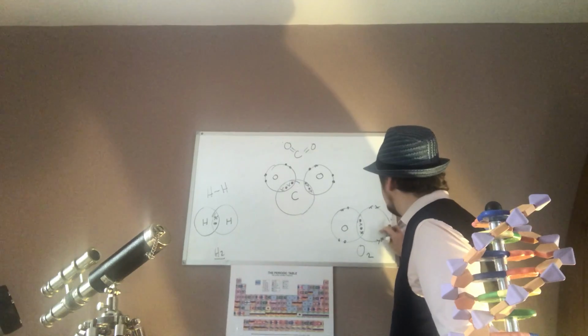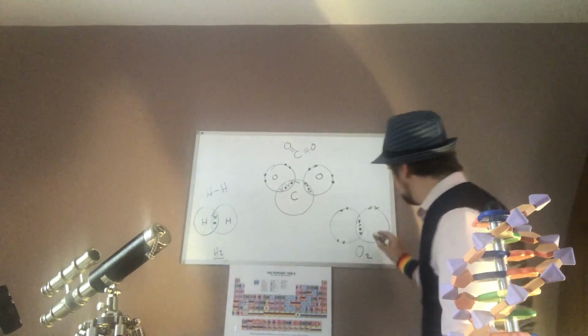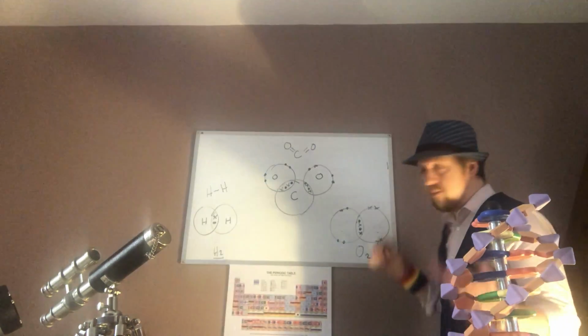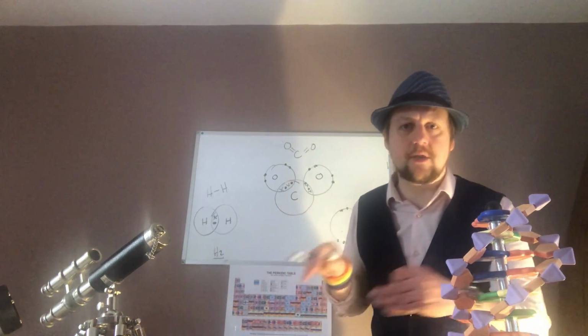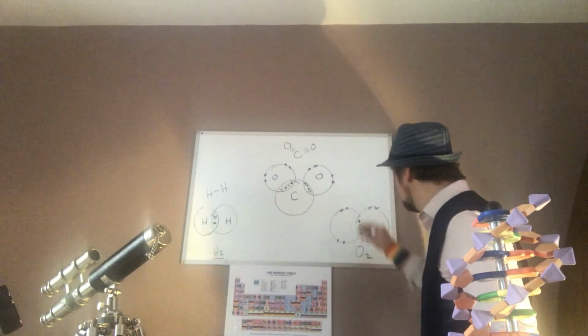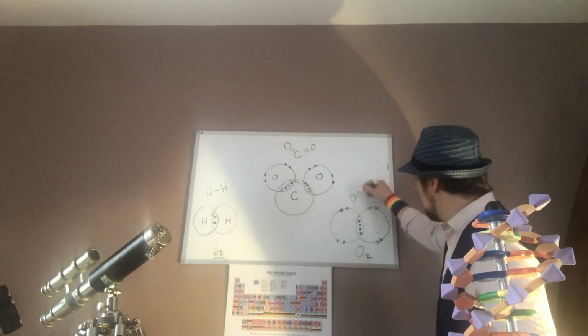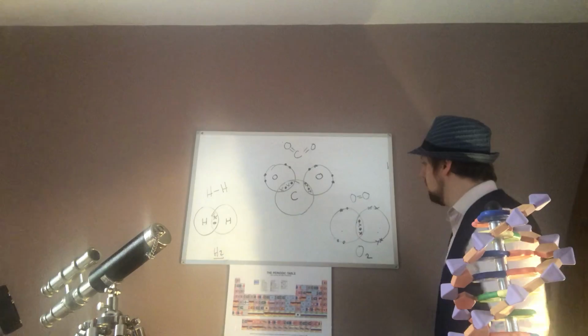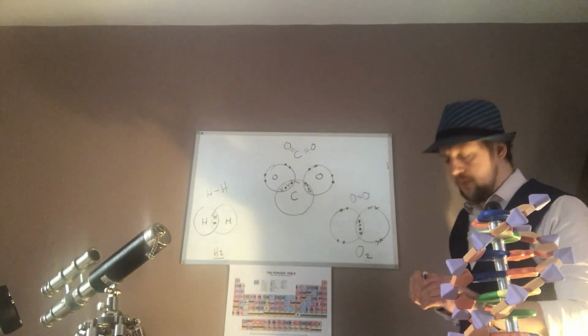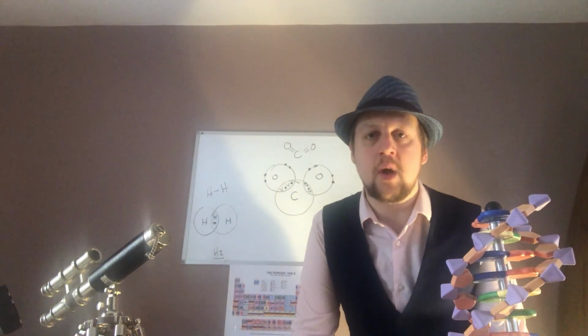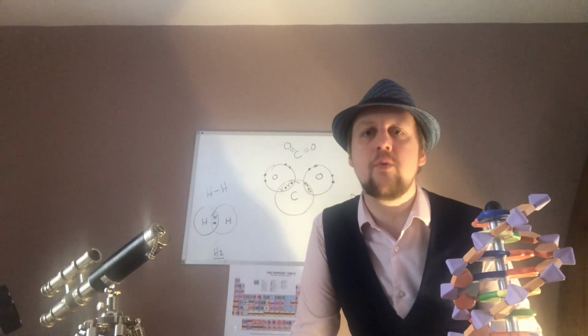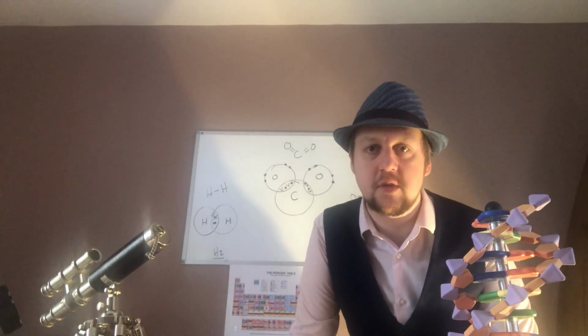Notice how important it is to do the dots and your crosses as well, okay? Just so we know which atom the electrons are belonging to. Alright? So there's your O2 molecule, which again we can represent just like that. When we get back in, we can use the models to model this as well.